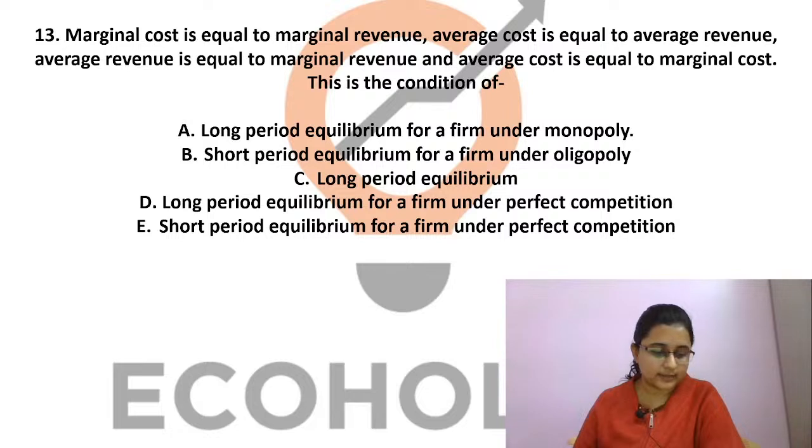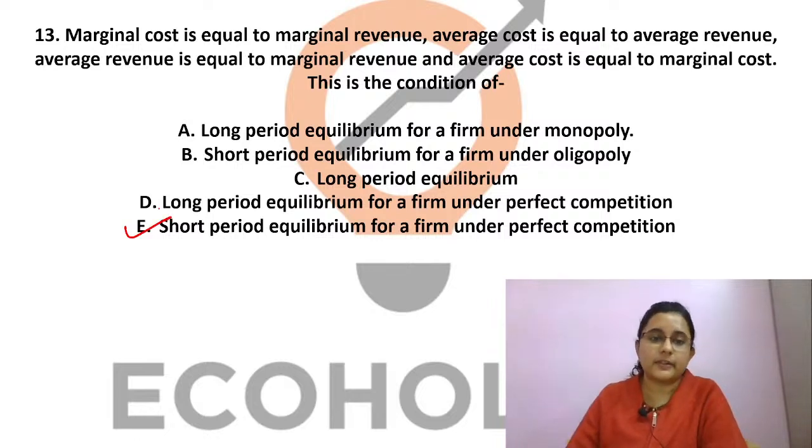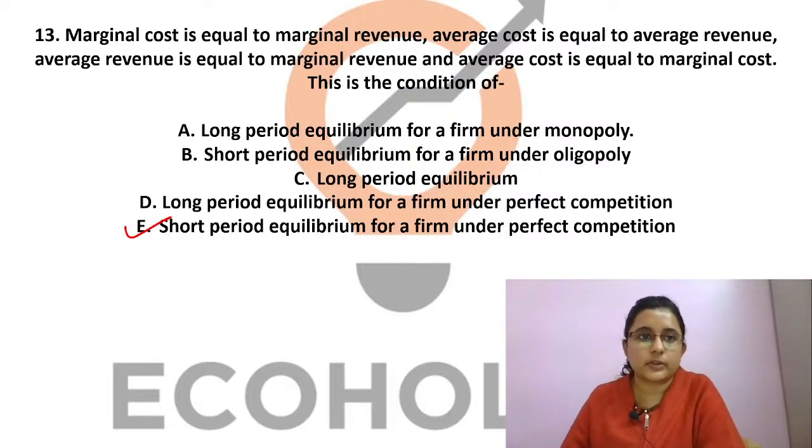Waiting for your answers. Everybody, please answer. What will be the answer for 13? Okay. So it will be a short period equilibrium of the firm under perfect competition.